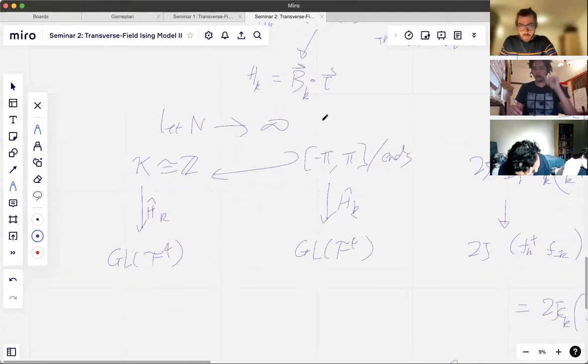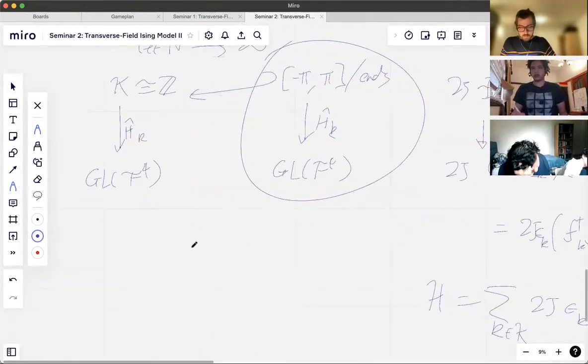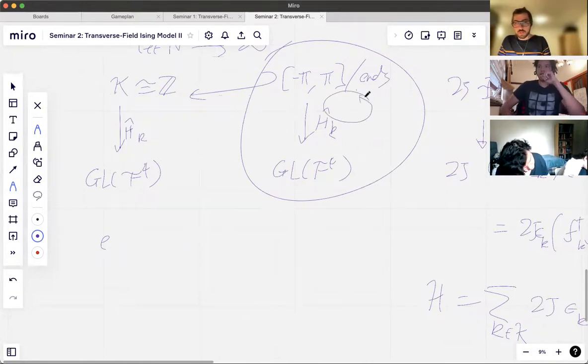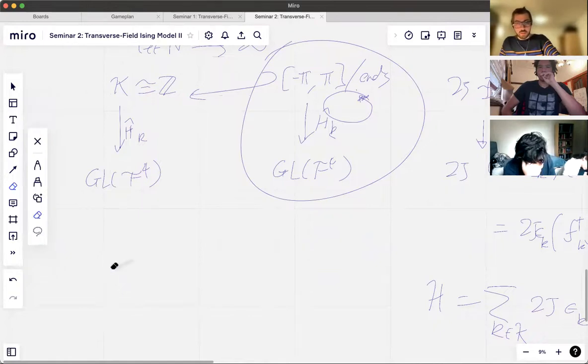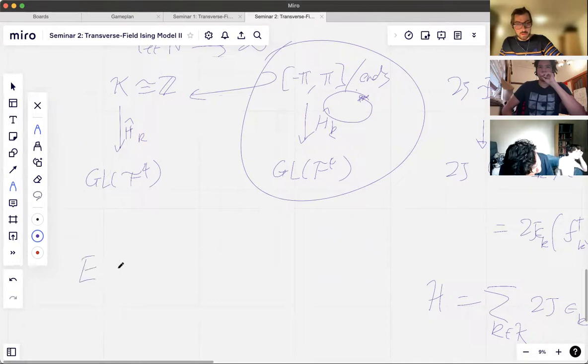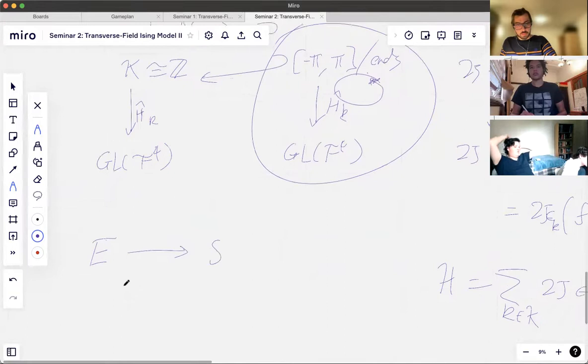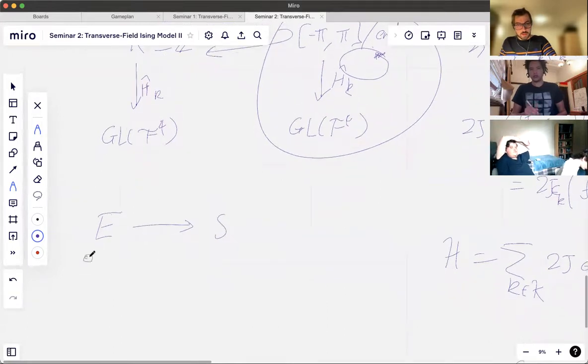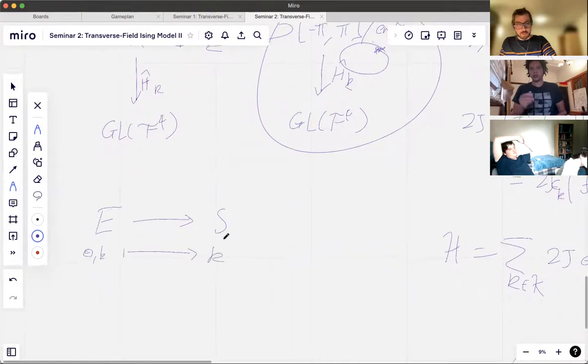If you imagine taking a single eigenvector at a particular value of k and following it as you transport it around the k-space circle, what we actually have is a U1 bundle, where there's some manifold, which I'll call E, that is locally isomorphic. We have E with some projection operator that takes some phase and k and gives you the k-space point that you evaluated it at.